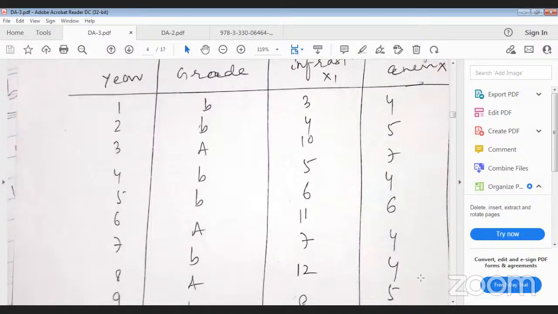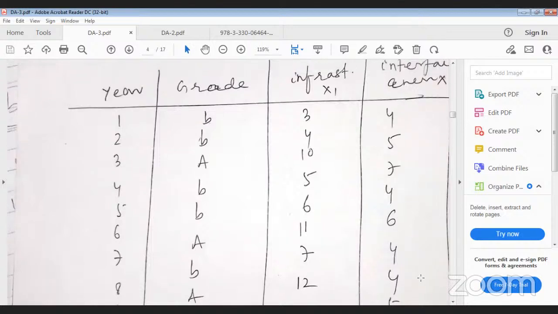For school 1, infrastructure is 3 lakh for the year, all are in lakh, and interface event is 4 lakh. Previously they got B grade. Similarly, another school spent 4 lakh on infrastructure and 5 lakh on interface events, and they also got grade B in previous years. These are the data for previous years.